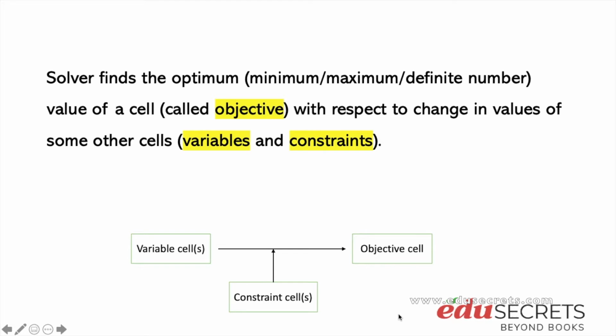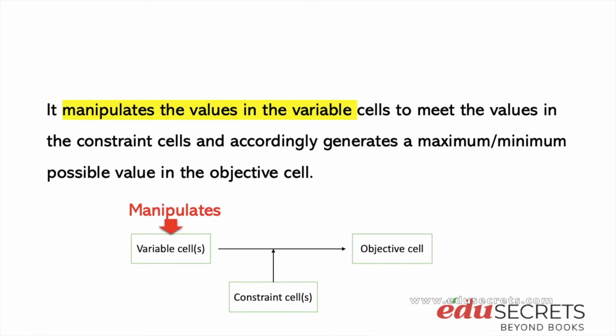This means Solver actually manipulates the values in the variable cells to meet the values in the constraint cells and accordingly generates a maximum or minimum or possible value of the objective cell. Let us understand this through an example.